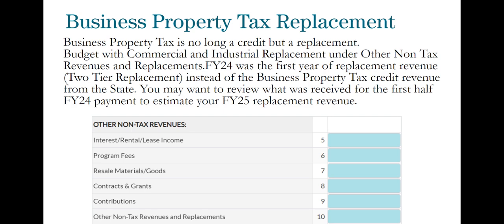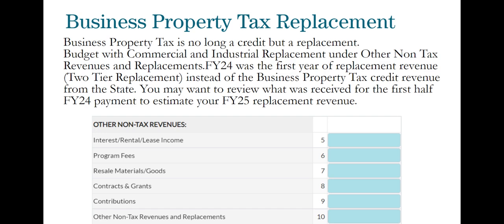Again, it's no longer a credit against levied taxes. It's a reduction in taxable value that the state is then replacing. And it should be budgeted along with other non-tax revenues and replacements, where you have been budgeting your commercial and industrial replacement, because it is a similar type of revenue.